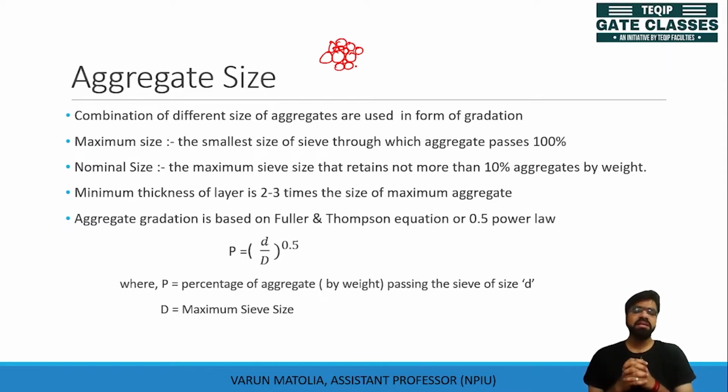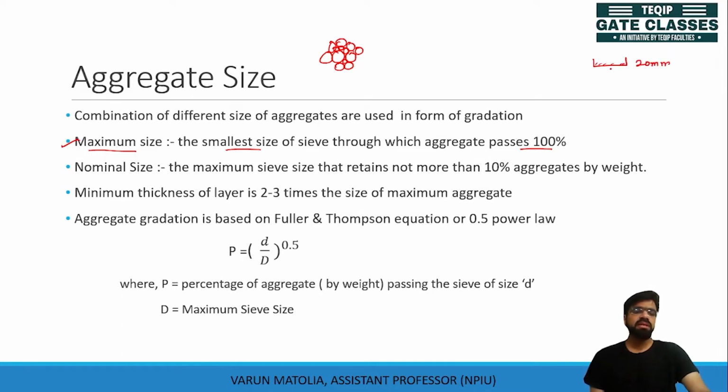So we want the aggregate gradation to be denser, with most of the voids filled with smaller aggregates. The maximum size in a gradation is defined by the smallest sieve size through which 100% aggregate passes. Let us say we have sieve size 20 mm.